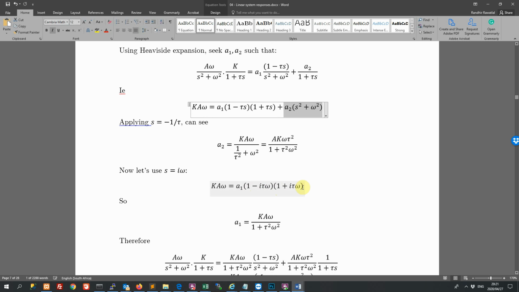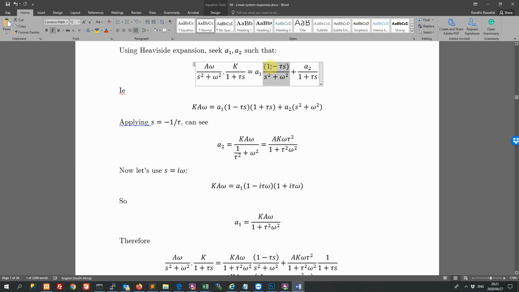And if you multiply those out, you can see it's going to be 1 minus i squared tau squared omega squared, and then the i squared becomes a minus 1, and then that's a minus minus, and it's a plus. So 1 plus tau squared omega squared, and then you've got the ka omega here. So that's A1.